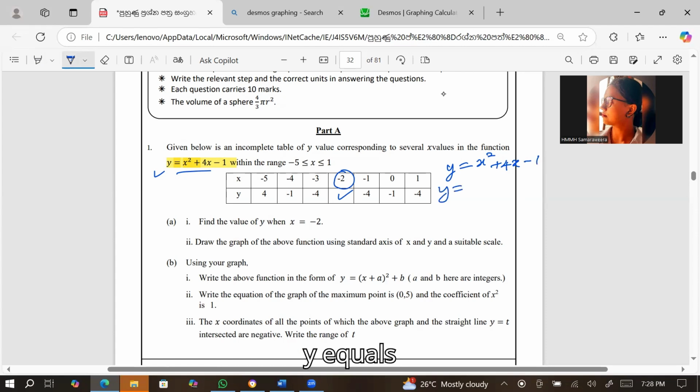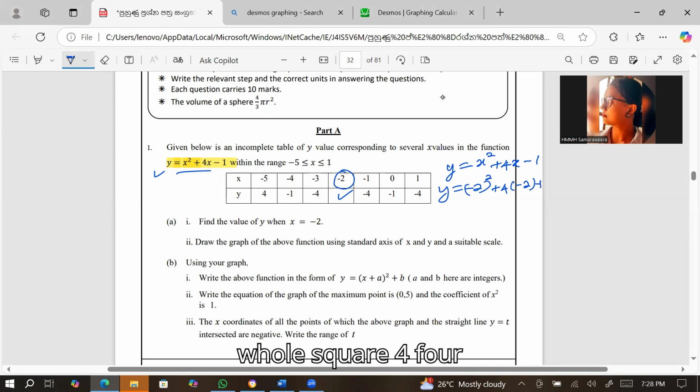y equals, x value is minus 2, x squared minus 4x minus 1.